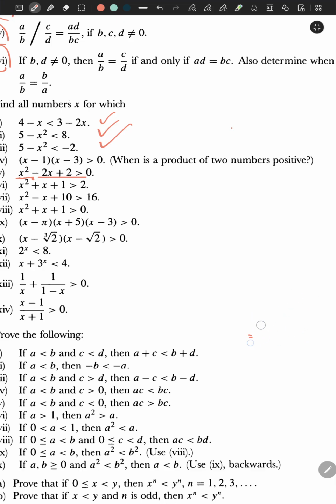Okay, so now let's prove x squared plus x plus 1 is greater than or equal to 2. When is this inequality satisfied? Right? This is equivalent to saying x squared plus x minus 1 is greater than 0.